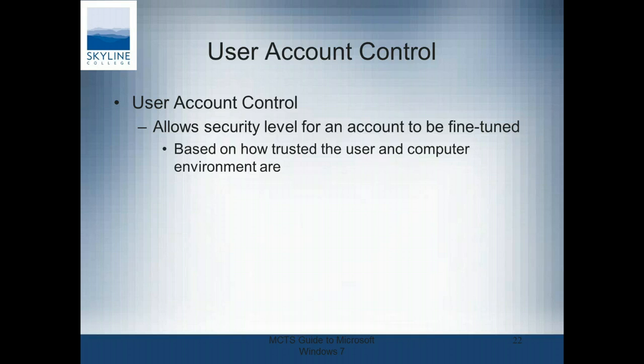User Account Control is a security level. This is the one that pops up asking if you want to do this when you start something. You can configure this on a number of different levels. One of them is just leave me alone, don't even tell me. If you want to get infected, that's the one you want to use.